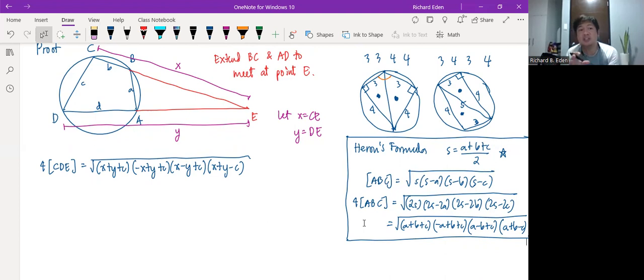Now, from CDE, you have to remove the area of ABE.